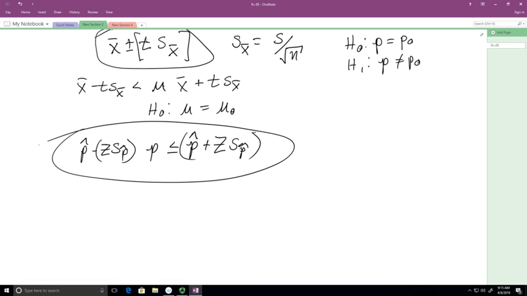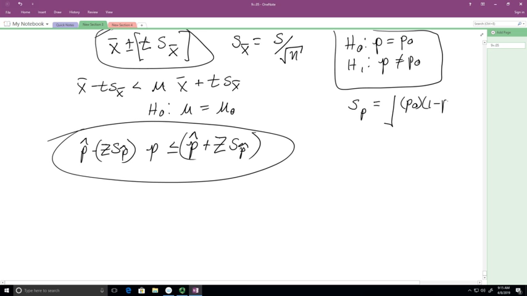Right? For a hypothesis test, the standard error of the p-value has to be calculated using the hypothesized value of p. Instead of using the sample value to get the standard error, you're supposed to use the hypothesized value.